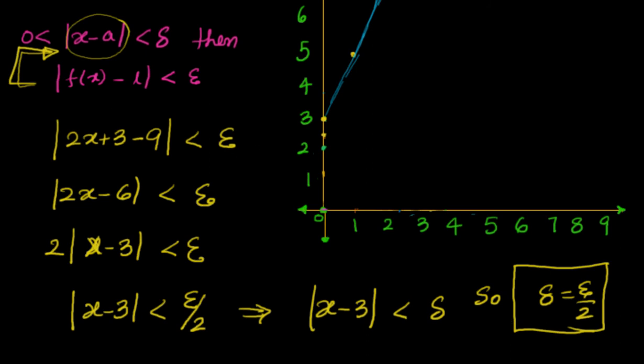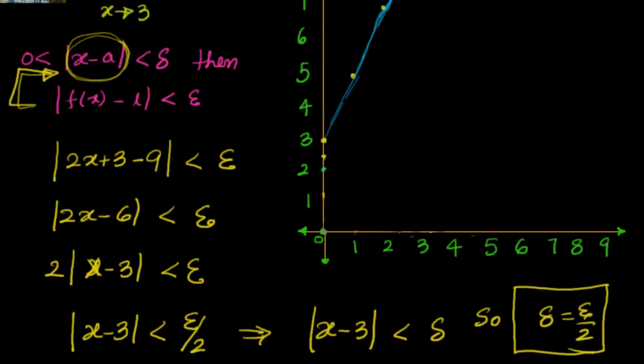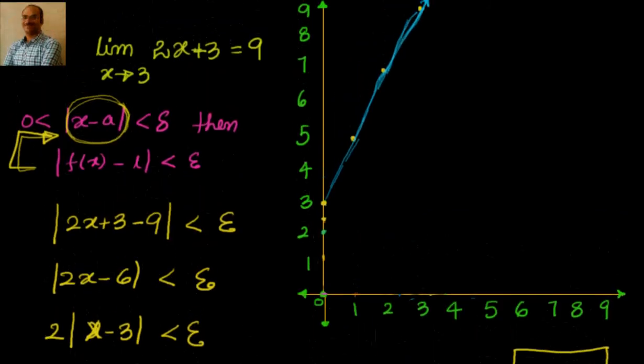What we will do, this is important: we start from mod of f of x minus L less than epsilon and try to convert that into the form of mod of x minus a less than some constant value. Once you get that constant value in terms of epsilon, take that as equal to delta, then we will go ahead with the proof.